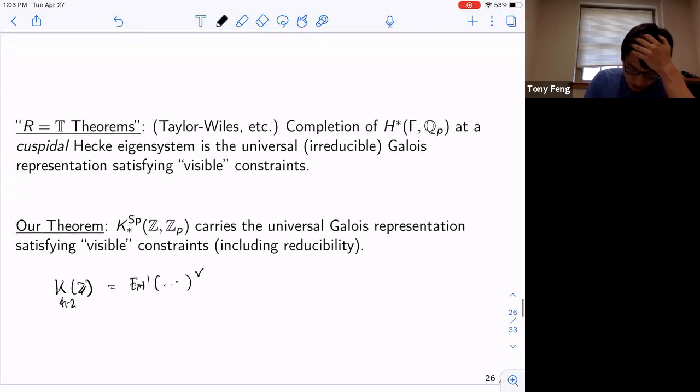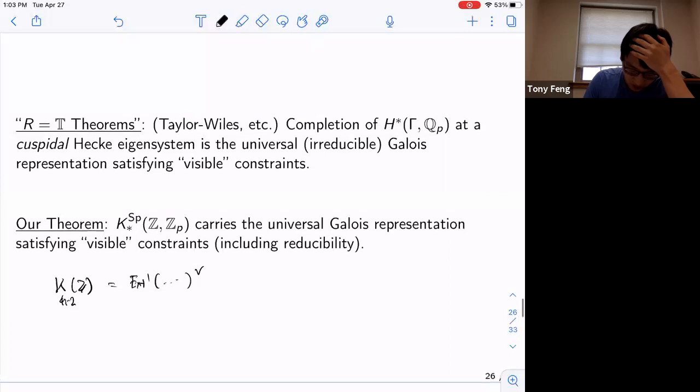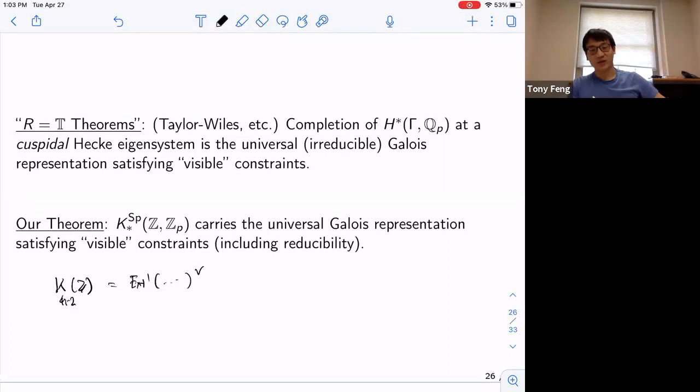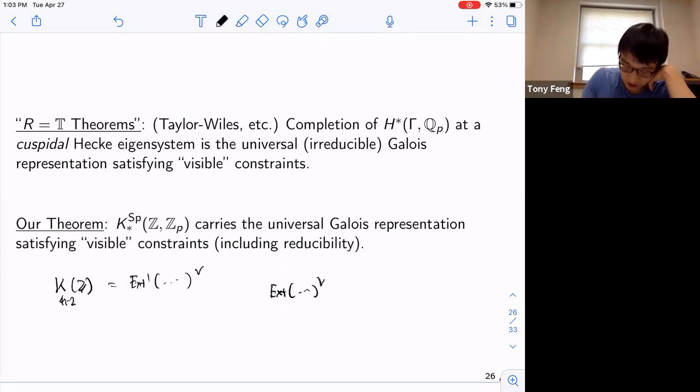Now, maybe I'm going to say something and let's see if it answers the question. When you have a universal extension, you typically expect it to look like a dual to x1, the thing that you're extending.